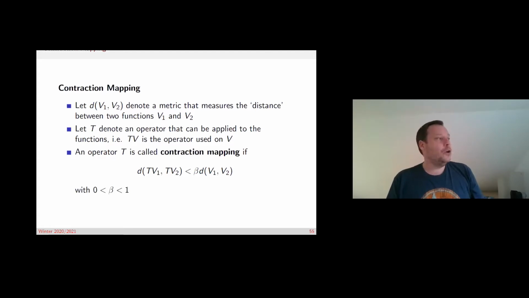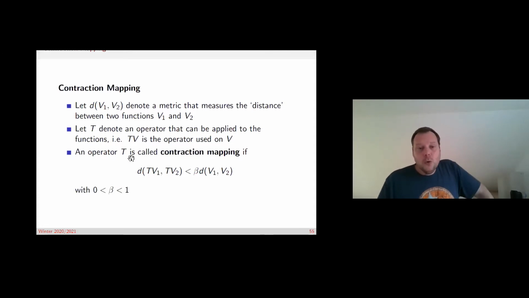So that this fixed point exists, and that applying this operator over and over again would ultimately lead to this fixed point. And this is the basic idea that I tried to explain to you last time.